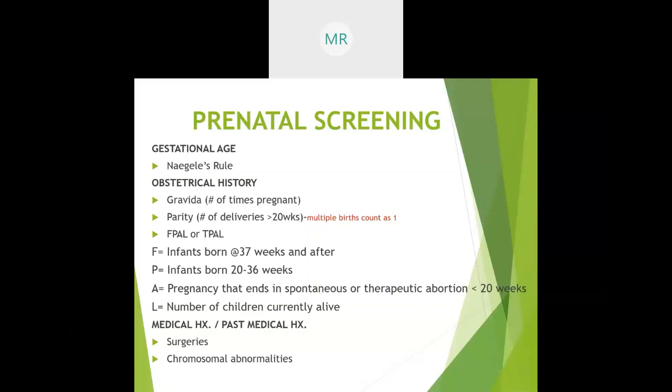GYN history is important under medical history and past medical history. That includes last PAP, whether it was abnormal or not, prior infections, STDs, sexually transmitted diseases, and previous surgeries. Also menarche, the regularity and duration of periods, when they started, dysmenorrhea, and contraception.